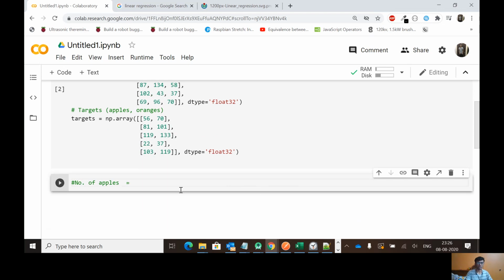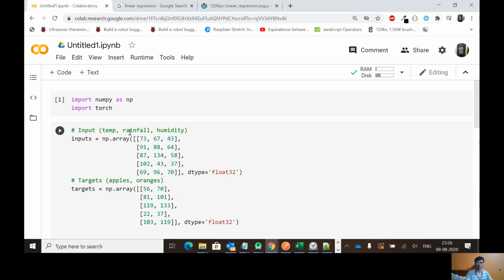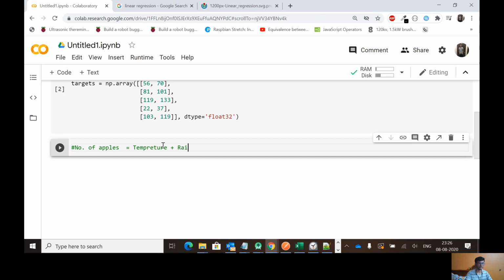So the number of apples depends on three parameters: temperature, rainfall, and humidity. But it's not that simple.